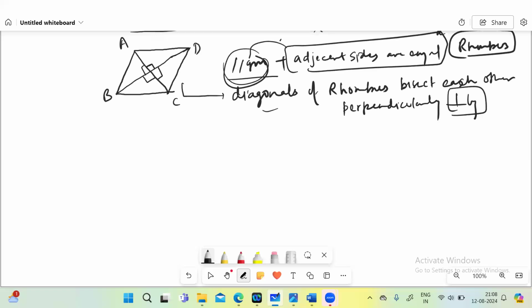Let's call the two diagonals as D1 and D2. And what do you see that we have basically two triangles here, both has a base as D1 and both has a height of half of D2.